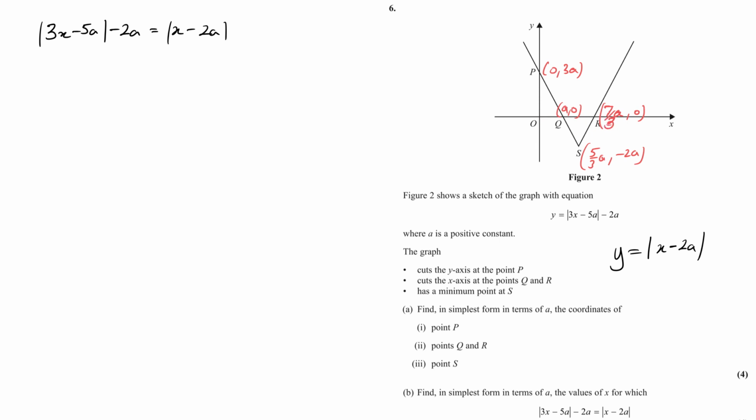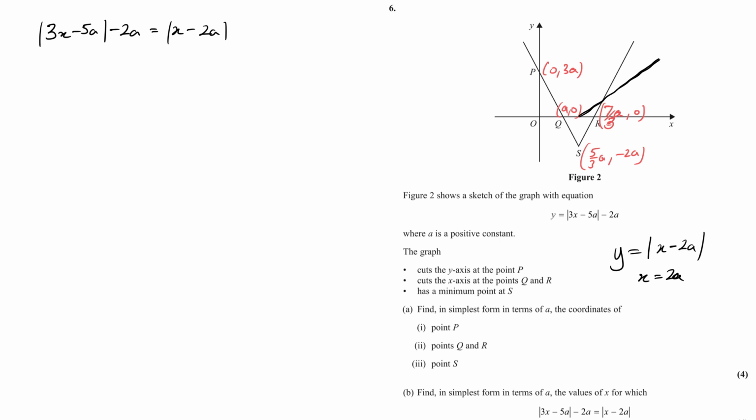When x minus 2a equals 0, x equals 2a. That's where it's going to touch the axis. So you know that 7 over 3 is bigger than 2. Yeah, so we know that this is, for example, going to touch somewhere between q and r. Yeah, that's what's going to happen.